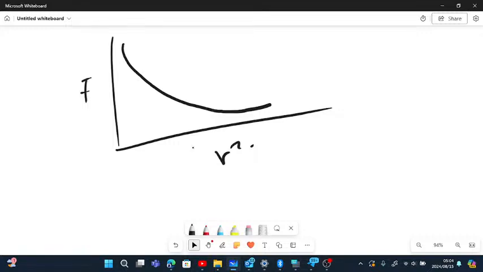The differences are the Coulomb constant and the gravitational constant.